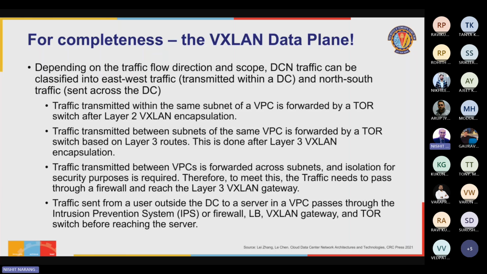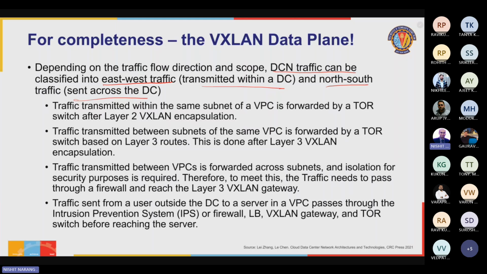What kind of data plane traffic exists in the overlay networks? There are different types of traffic. As we said earlier, traffic in a data center network can be classified as east-west traffic if it is transmitted within the data center, or north-south traffic, which goes out of the data center.